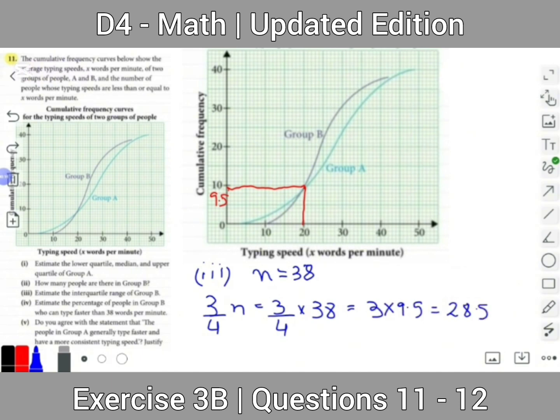Now from the cumulative frequency curve representing group B, between 28 and 29, somewhere here we have 28.5.